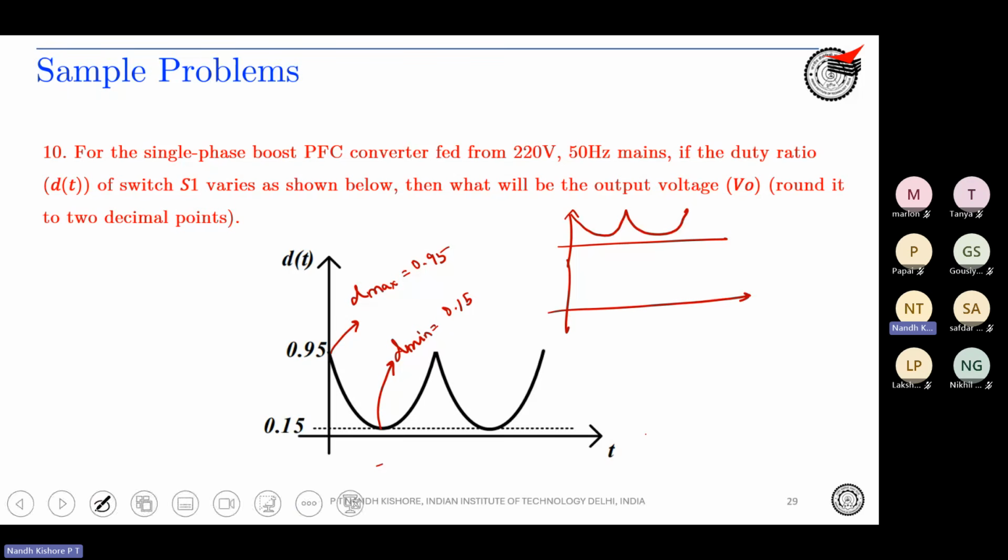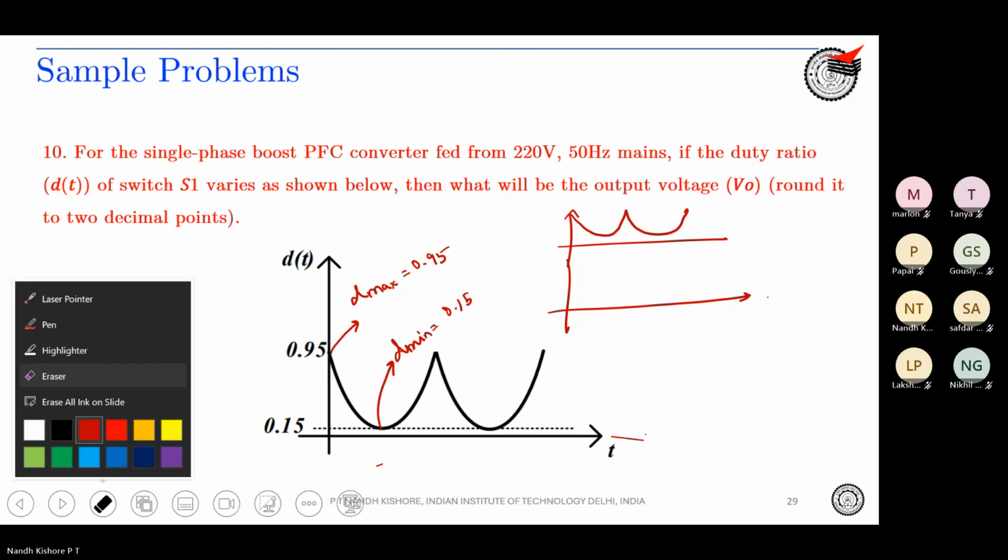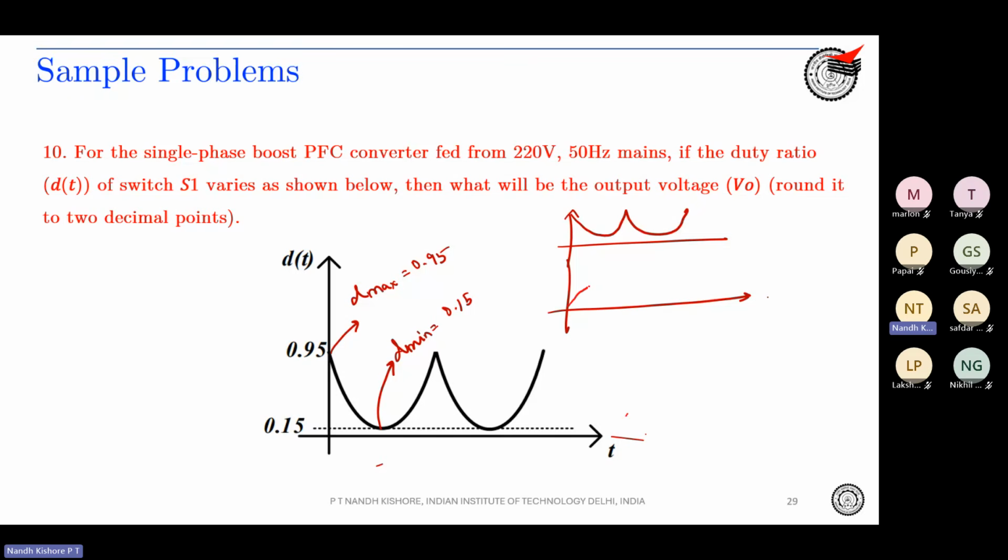How would your input voltage vary? Your input voltage varies something like this. Okay. So at the minimum value of duty, you get Vs peak. This is Vs peak. So at 0.15, what is the input voltage?